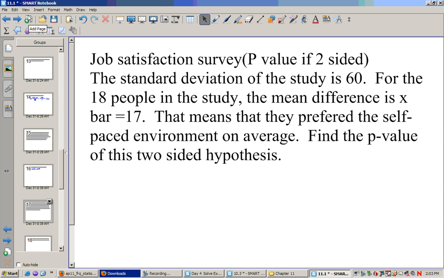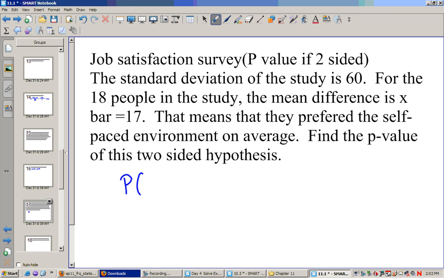Now in the job satisfaction survey, it was two-sided. Now the standard deviation of the study was 60. For 18 people in the study, the mean difference was an x-bar of 17, as they prefer self-paced environment on average.